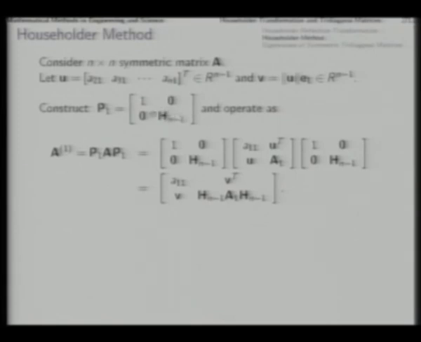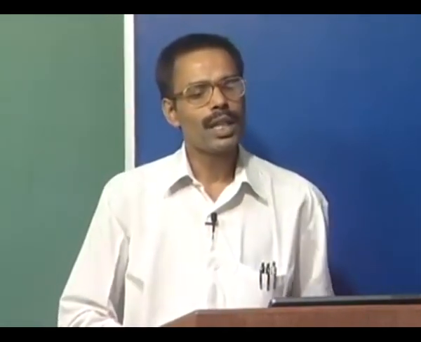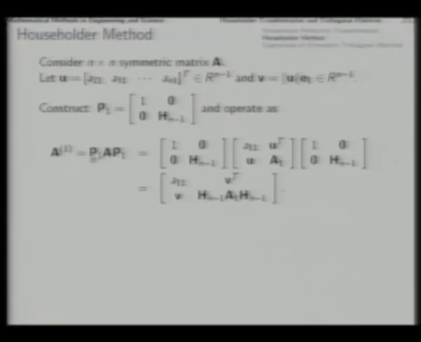Then out of that H_(n-1), we develop this larger matrix by inserting a 1 here, a 0 row above and 0 column on the left of this H. So, this is P_1. Now, P_1 is its own transpose because it is symmetric, and it is orthogonal also. So, we apply this orthogonal similarity transformation, P_1 transpose A P_1, and since P_1 transpose is the same as P_1, we have just written P_1.